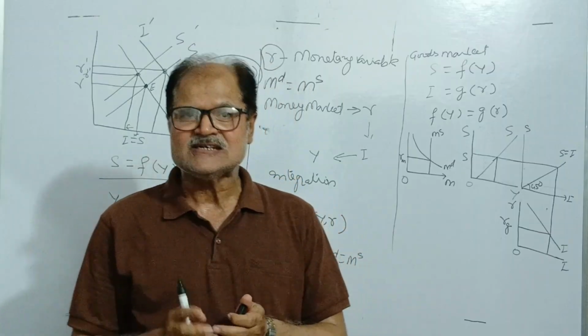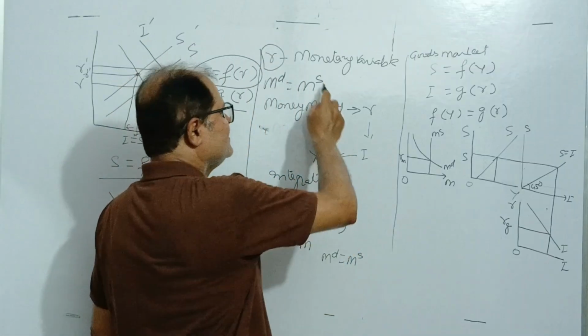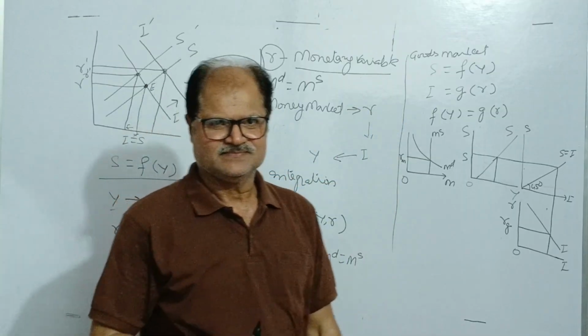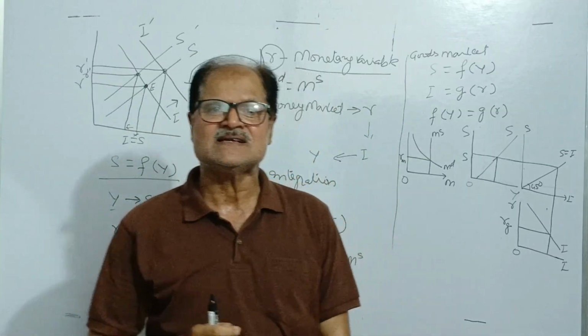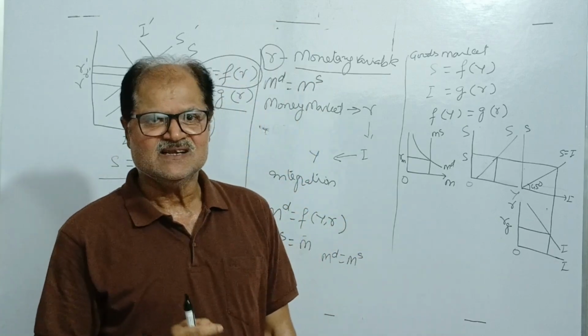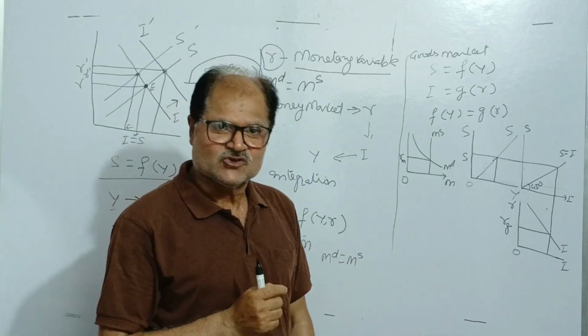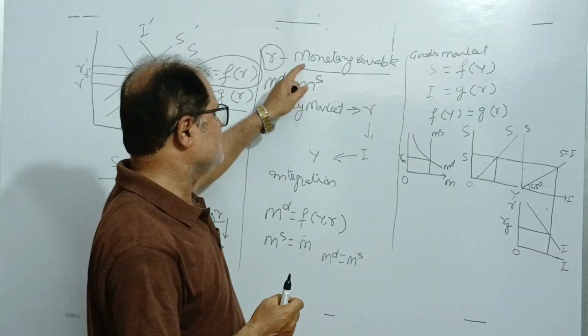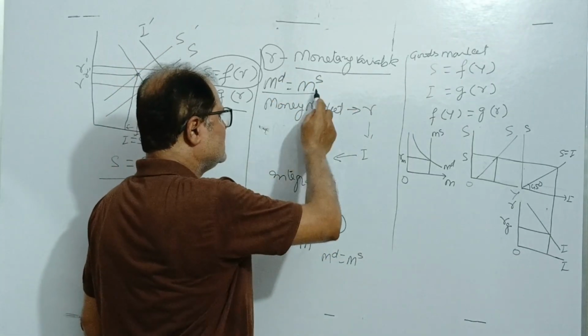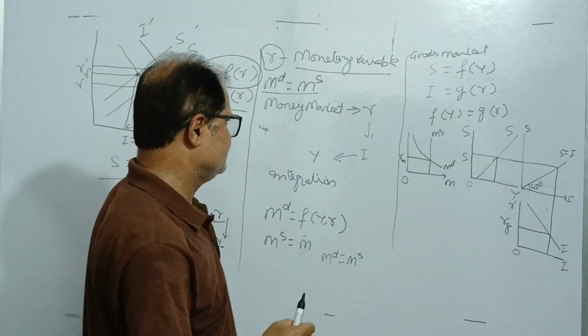According to Keynes, rate of interest is determined in money market, it is a monetary variable. In fact, Keynes has defined rate of interest as a price paid for parting with liquidity. So, rate of interest is determined in money market, where demand for money equals supply of money.